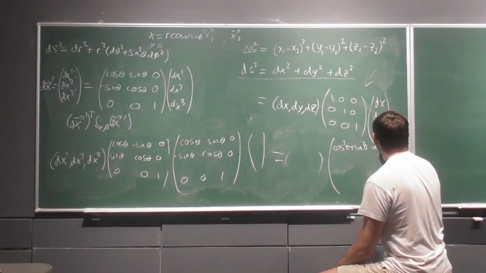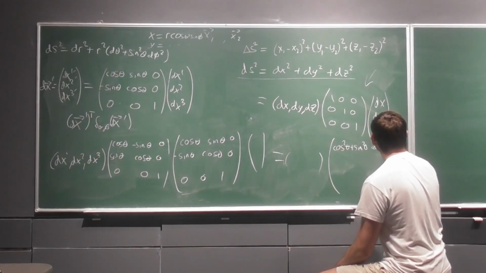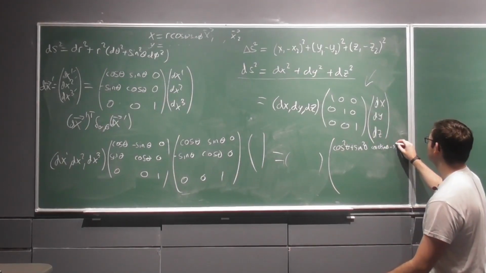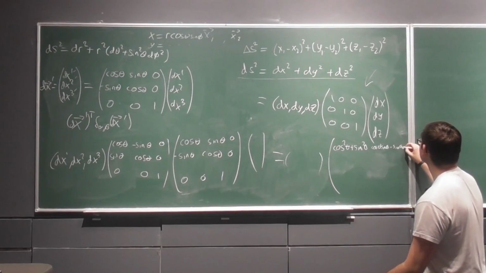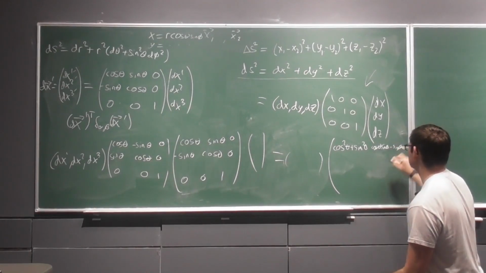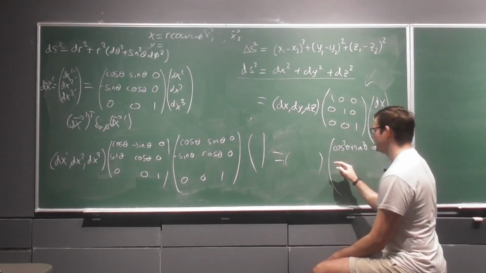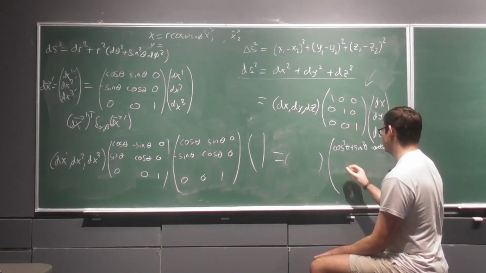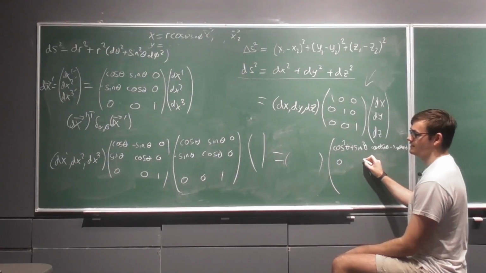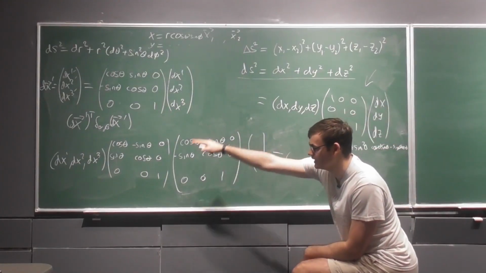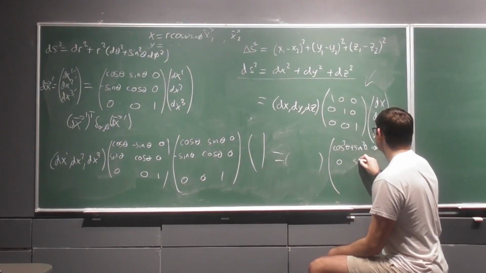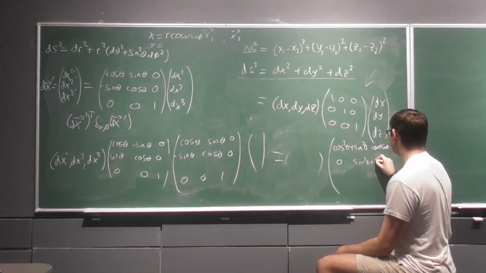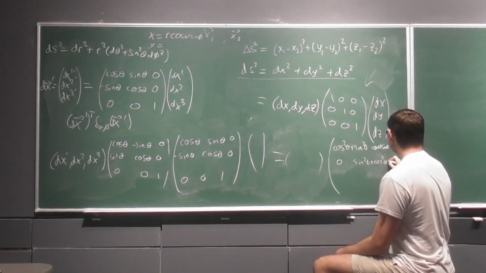So cos theta sine theta minus sine theta cos theta. So it's just the same term, so they'll cancel. This component here is going to be the same: cos times sine minus cos times sine. So that's also 0. And then this one here is going to be sine squared plus cosine squared. So you may see what's happening here.